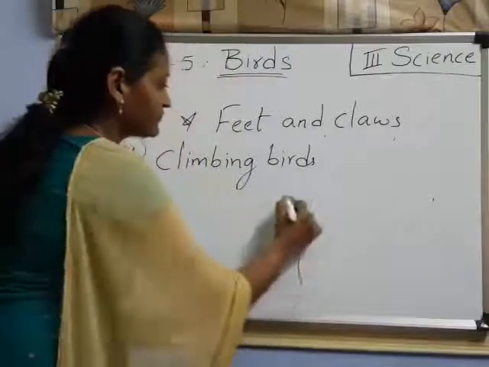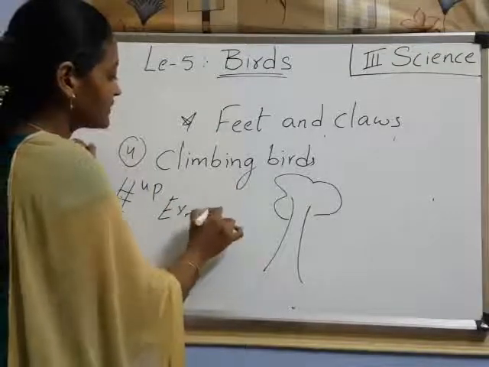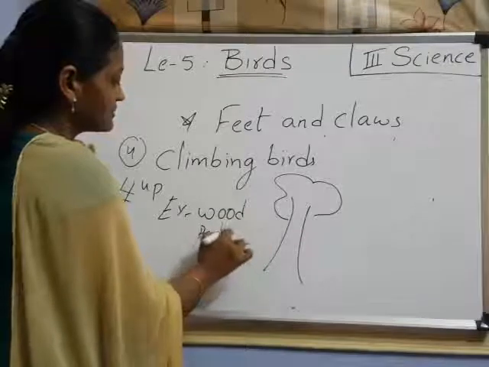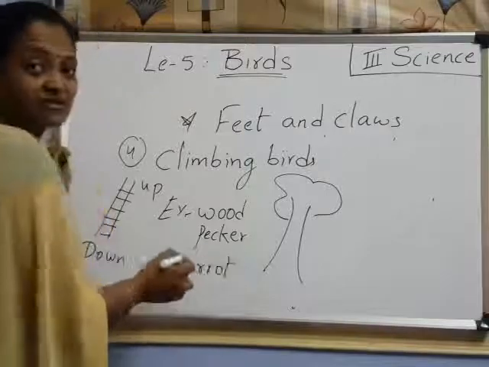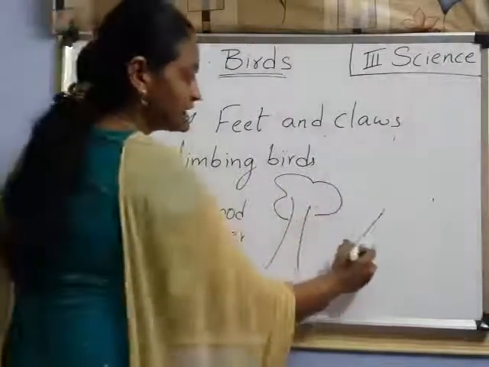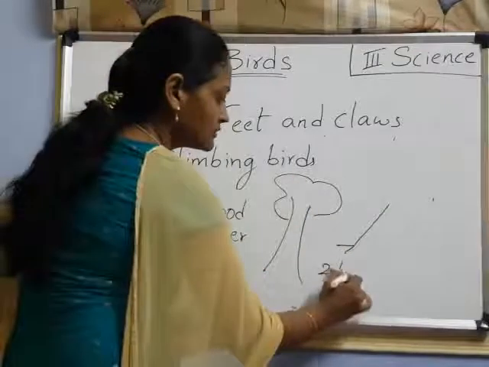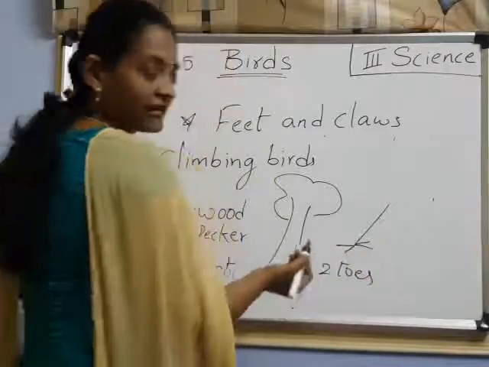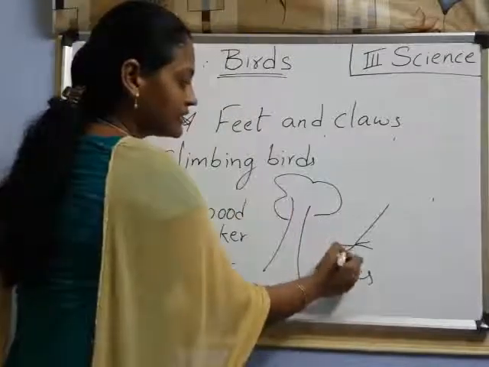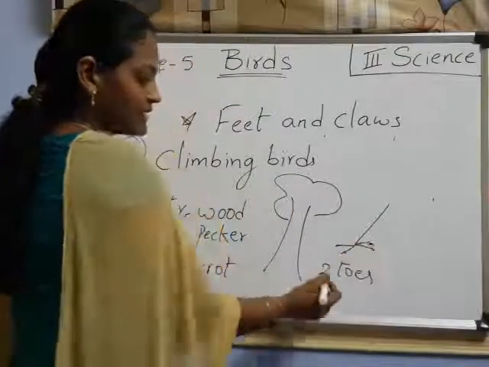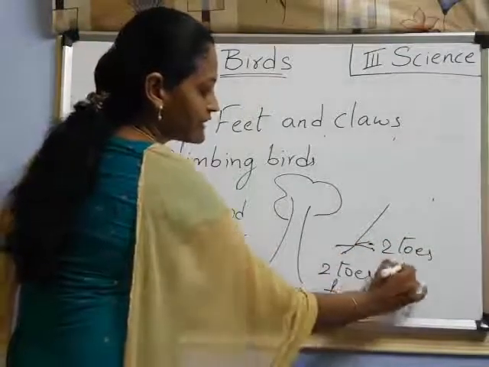Suppose this is the tree. Examples of these climbing birds, children, are the woodpecker and also the parrot. These birds have feet like this, with two toes at the front and two toes at the back, with sharp claws. Two toes at the front, two toes at the back.